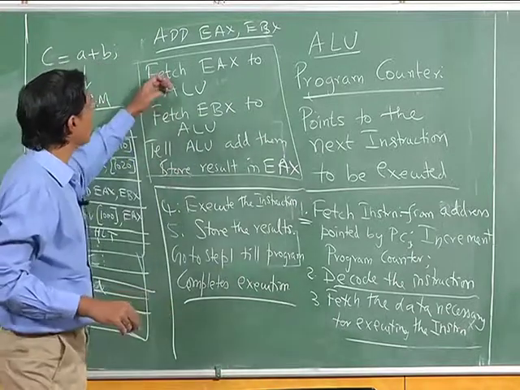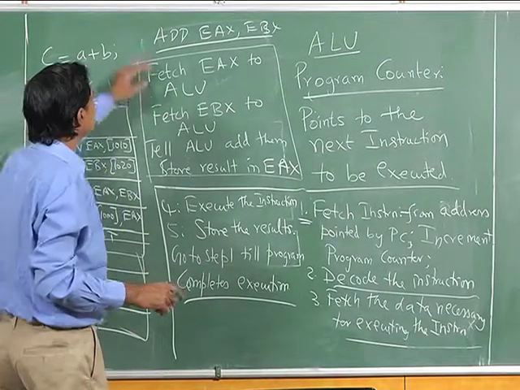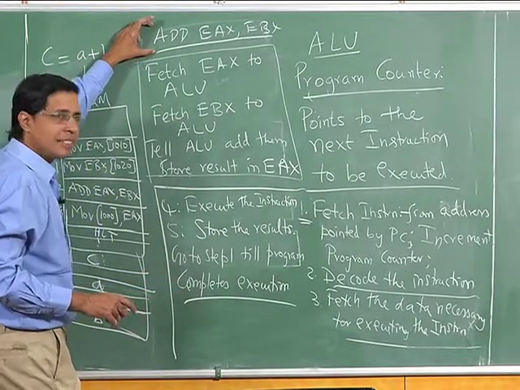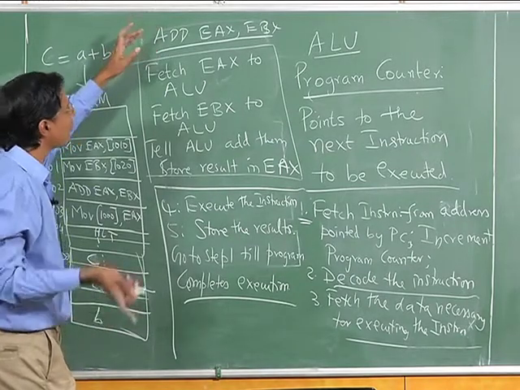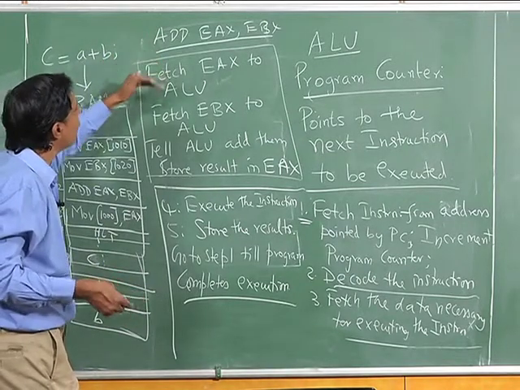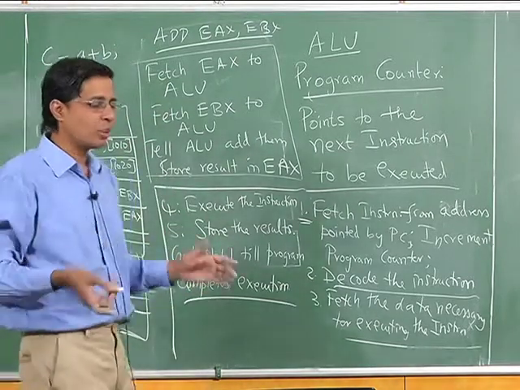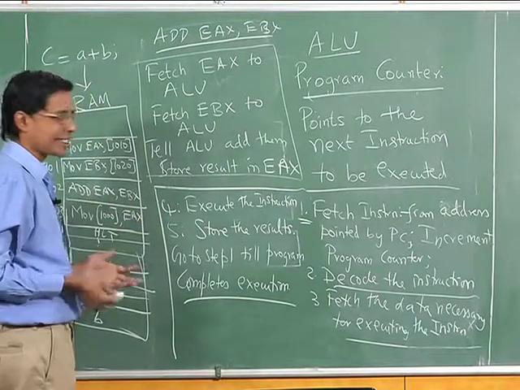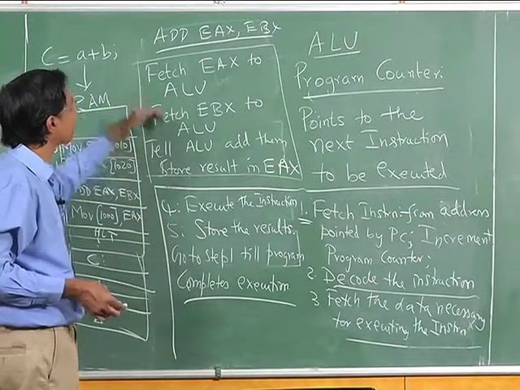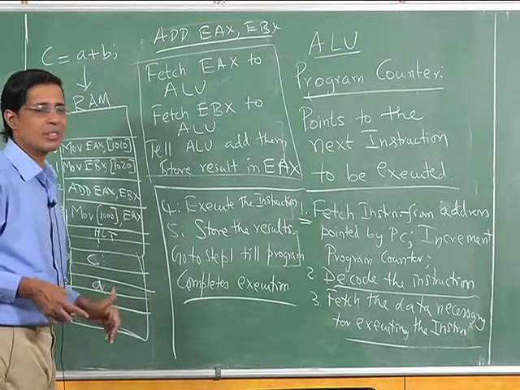These are basically called micro instructions. This is an assembly language, this is a machine instruction. To execute this machine instruction, the machine further breaks it into another small set of instructions, and those smaller ones are micro instructions. They are called micro instructions because they are below the assembly instructions.